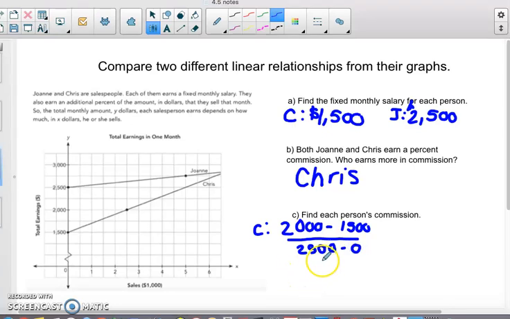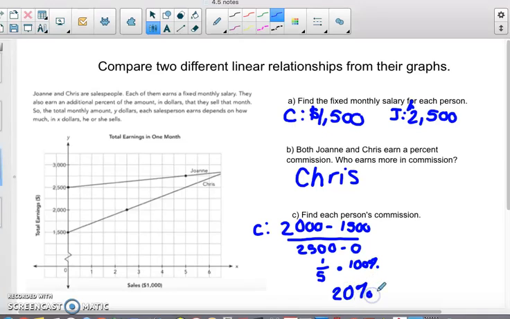And this simplifies down to 1/5. If I want to find the percentage, I multiply by 100%. That would give me 100% over 5, which simplifies to 20%.